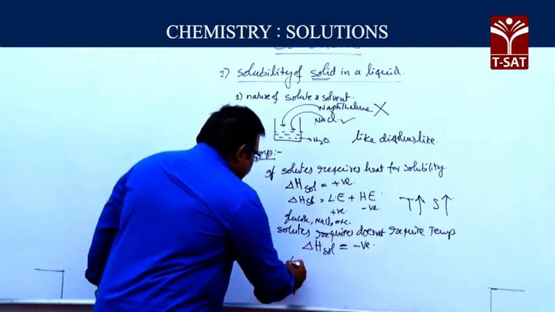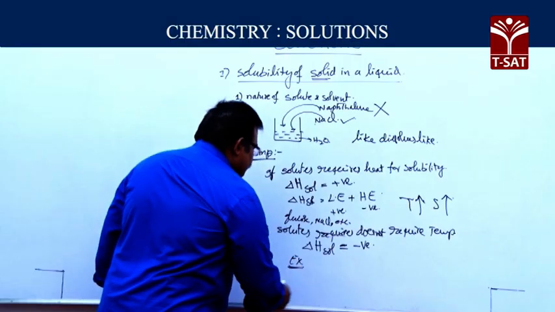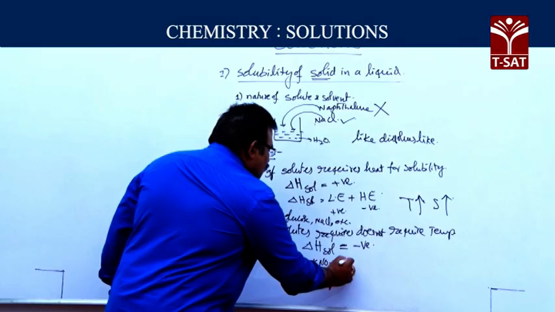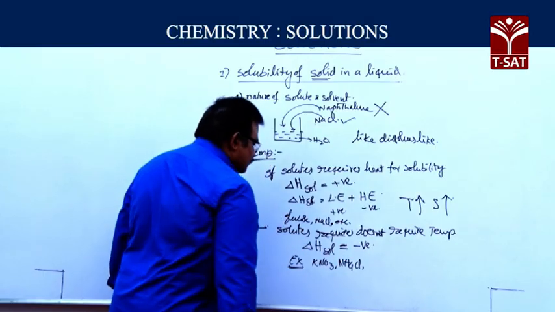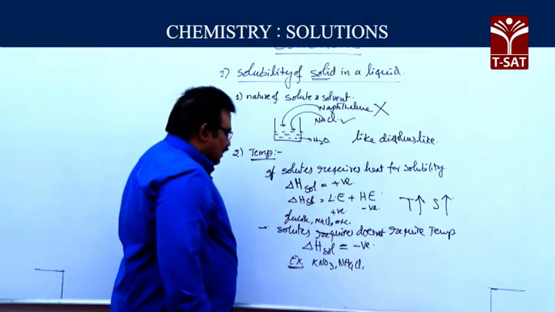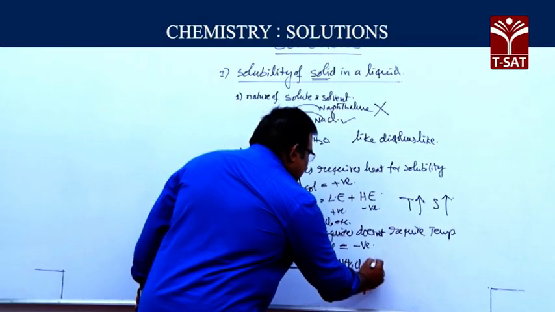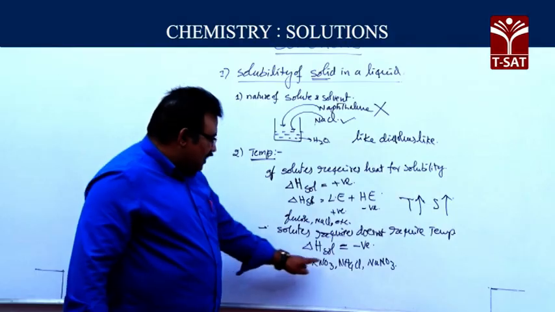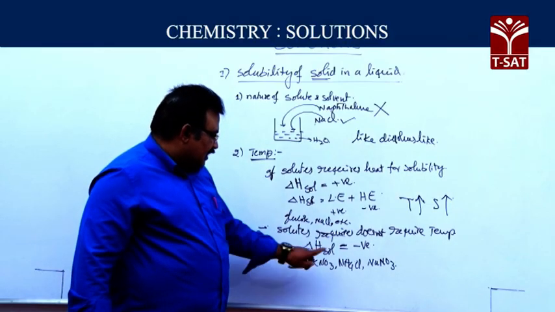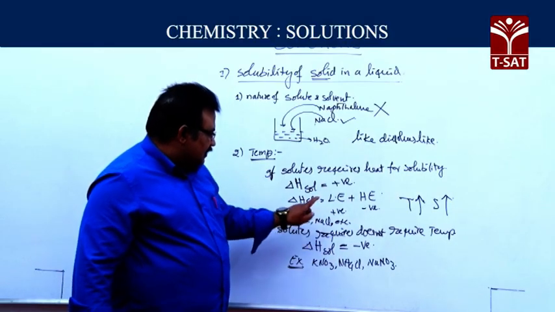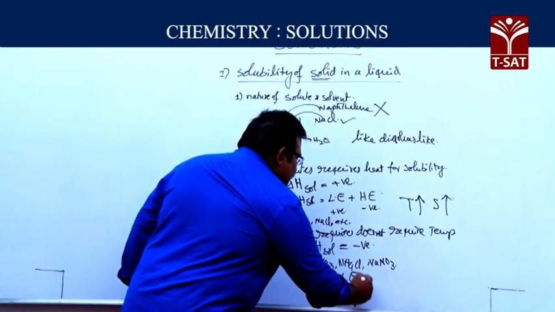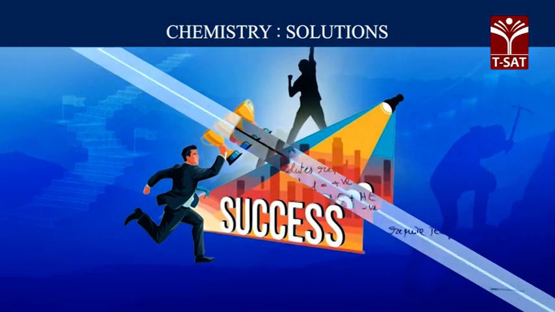Because if you take examples like KNO3, ammonium chloride, NaNO3, this type of salts, their lattice energy is less than hydration energy.